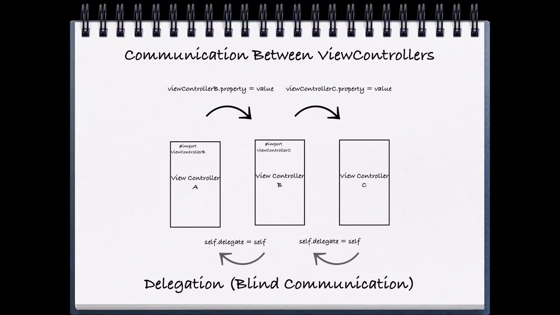Well, I need a way to reference that current view controller, and the way in which I'm going to reference it is using that delegate property. So let's go ahead and we'll see how to implement that in our next few lessons together.